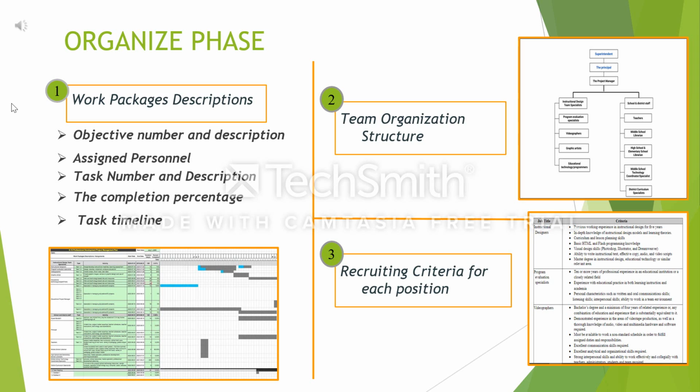The second team, we have the school and district staff, like teachers, the middle school librarian, high school and elementary school librarian, and the middle school coordinator. Each team member has been chosen according to the recruiting criteria to ensure his or her ability to do the project task.